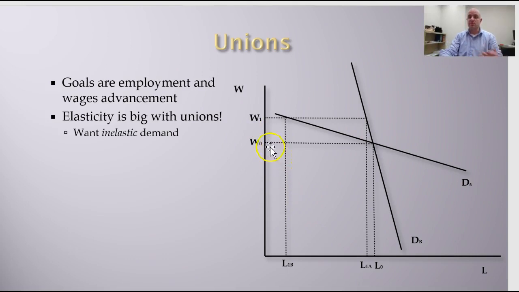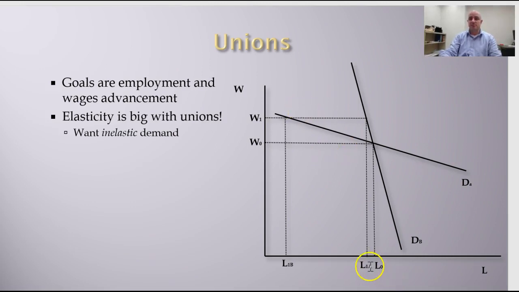What are the effects on the number of workers that the firm wants to employ at that point? With A, which has an elastic demand, we go from L0 at wage W0 to L1A at wage W1, and you see a large decrease in the demand for workers. In this case, the union would have to sacrifice a lot of workers to get that wage increase.